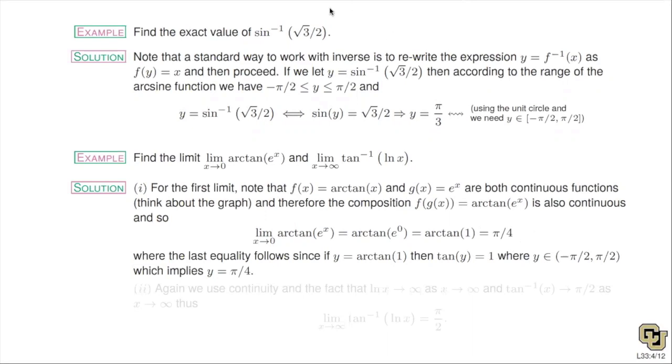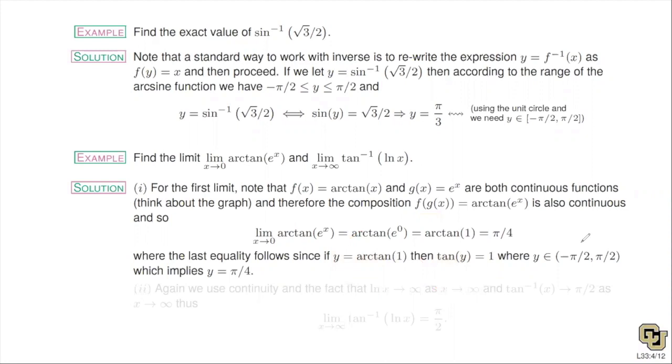And here I wrote out those calculations again explicitly where I convert it. So here I call arctan y, and then I reverse the problem by taking the tangent of both sides. I take the tangent of y, gives me this term here. Tangent of arctan just gives me 1. And now I'm solving a trigonometry problem.